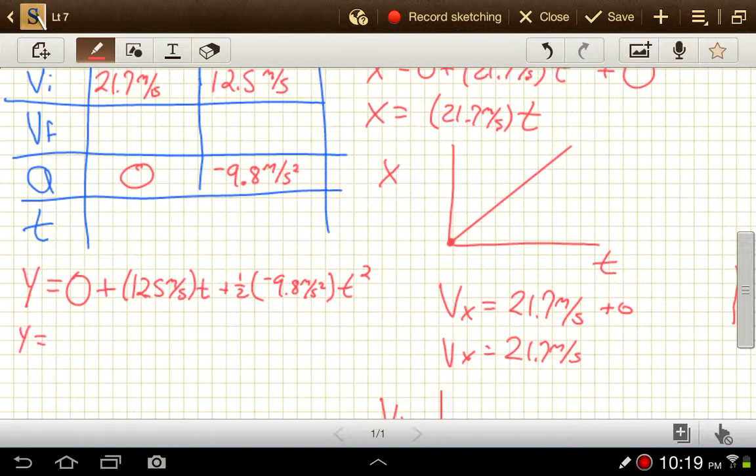So y is going to be 12.5 meters per second times t minus 4.9 meters per second squared times t squared.